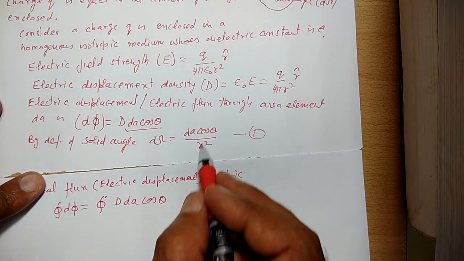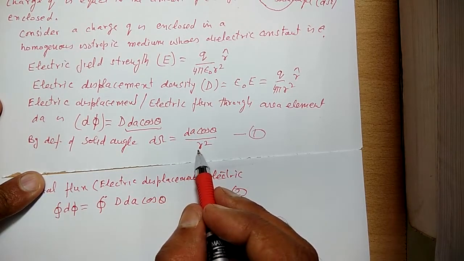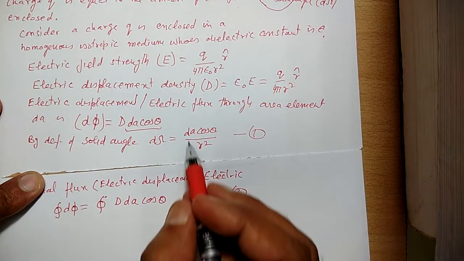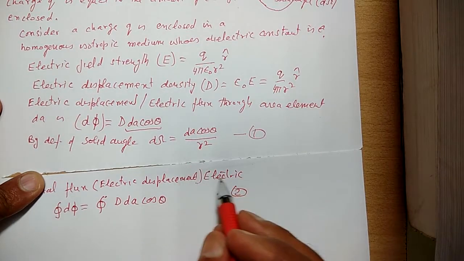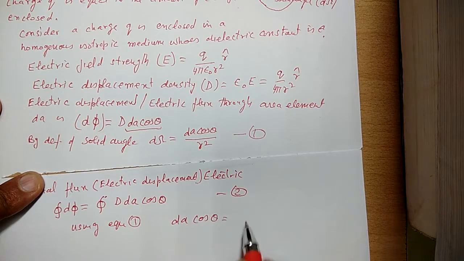Now by using this definition of solid angle in equation 1, we can write dA cos theta is equal to r square d omega.